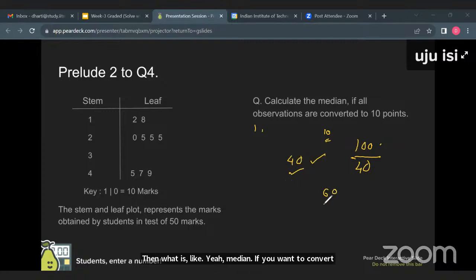So the similar question, only the values are different. The similar question we have done was for 50 marks and 10 points. Now your marks are changed to 100 and bins are changed to 40. So we divide by 100 total marks multiplied by 40, so this will be 24.